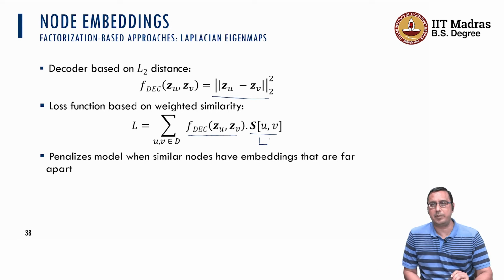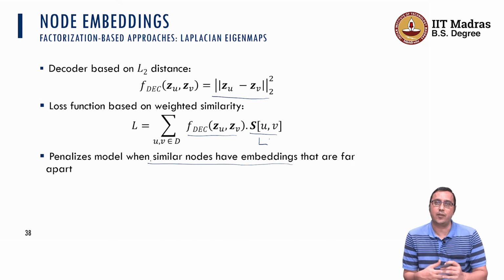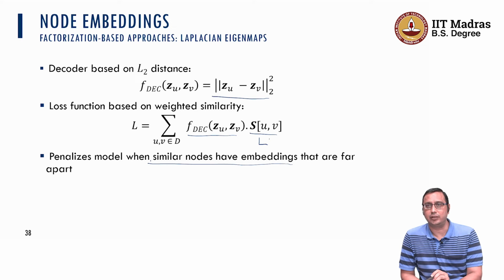Here you remember that this particular map penalizes the model when similar nodes have embeddings that are far apart. So if there are two similar nodes with far apart embeddings, the S will ensure that that kind of case does not happen, because it will penalize your system.